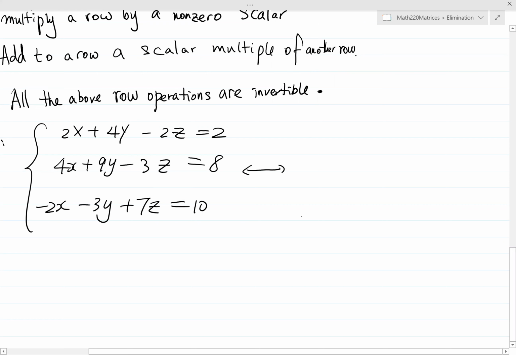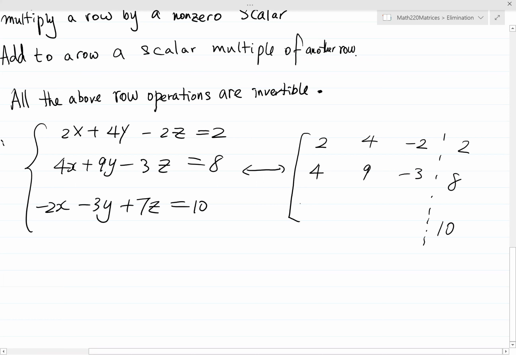Read the coefficients. This is the first row: x coefficient is 2, y coefficient is 4, z coefficient is negative 2, and then we have 2, 8, 10. The second row: x coefficient is 4, y coefficient is 9, z coefficient is negative 3.